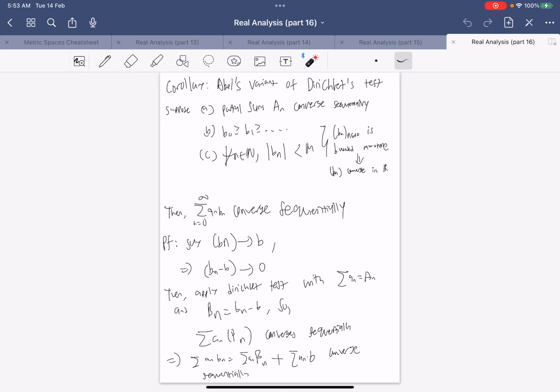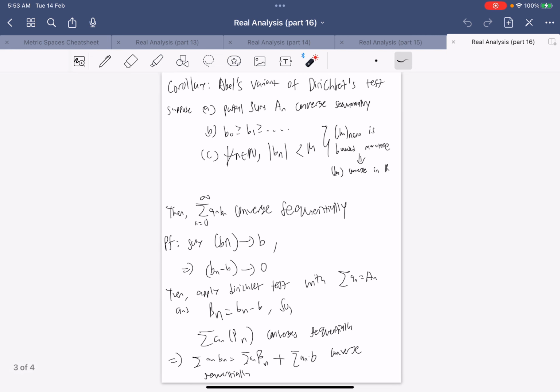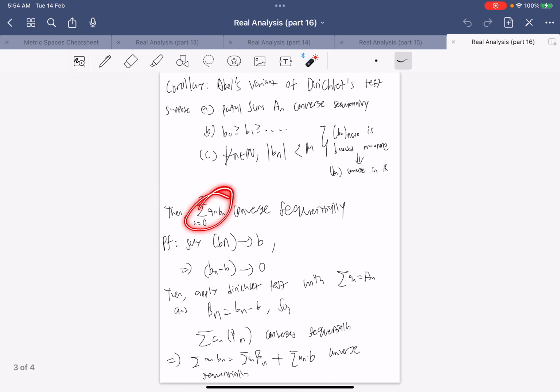Next, we shall prove Abel's variant of Dirichlet's test, and it says that if the partial sums of a_n converge, and that b_n forms a bounded monotone sequence, so it will be convergent, but it may not converge to 0 now, then we know that the series of a_n b_n, the convolution product of the series, converges.